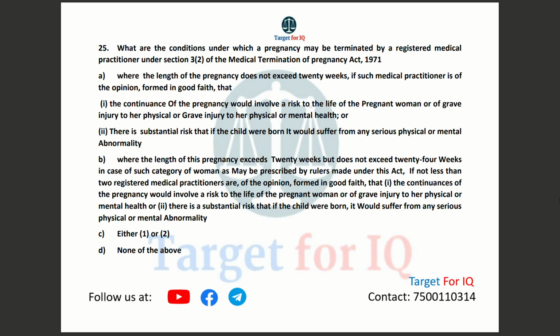Option C, either 1 or 2, that is either option A or B, and option D is none of the above. So the correct answer to question number 25 is option C, that is either A or B.